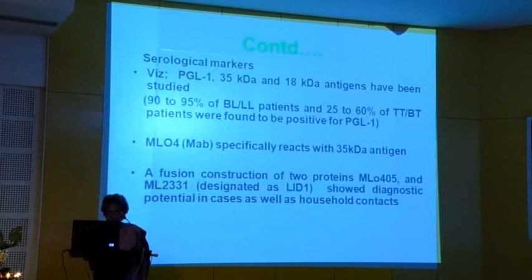Now there are serological markers like PGL1, 35 kD and 18 kD antigens that have been studied. It is shown in some lab-based studies and some small scale studies that 90 to 95% of the BL/LL patients and 25 to 60% of the TT/BT cases were found to be positive for PGL1 antibody.